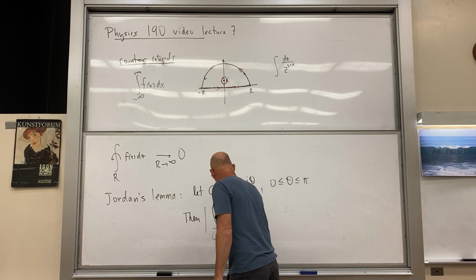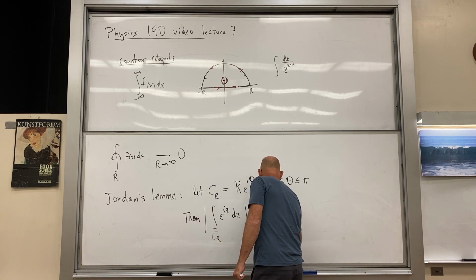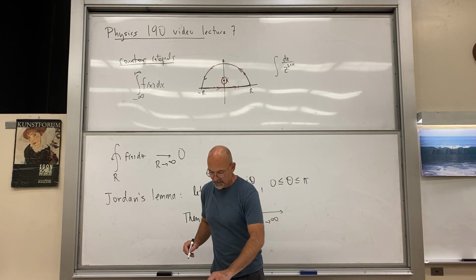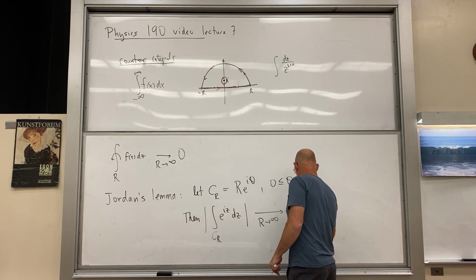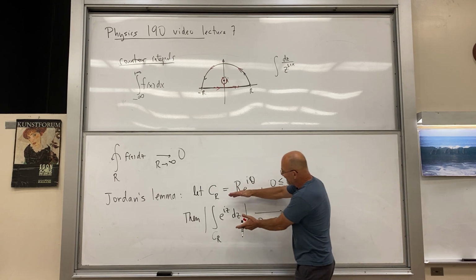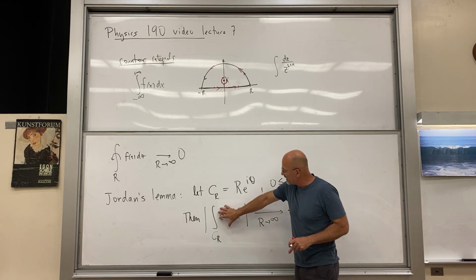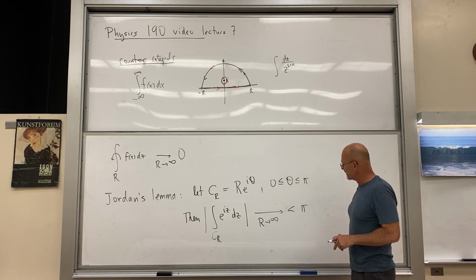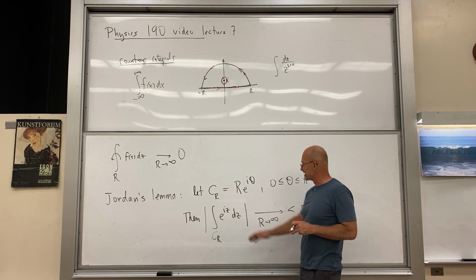So this integral in the limit as r goes to infinity is less than pi. Less than pi. And that's going to be really good because this is bounded, and therefore pretty much any function in here that vanishes as r goes to infinity will be amenable to these approximations, to these estimates.